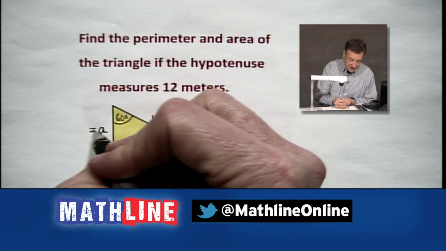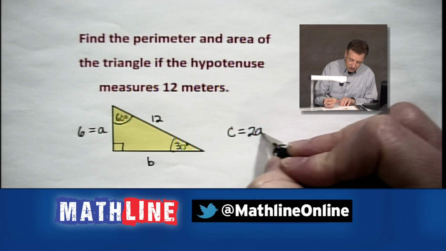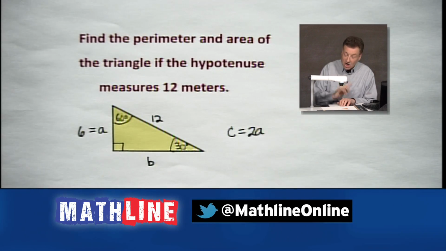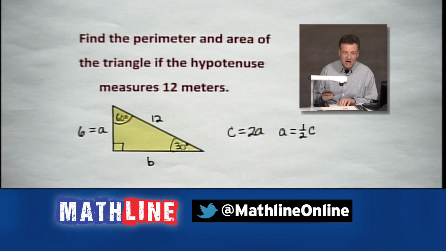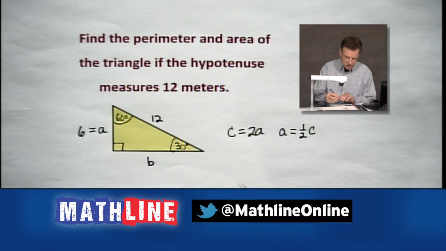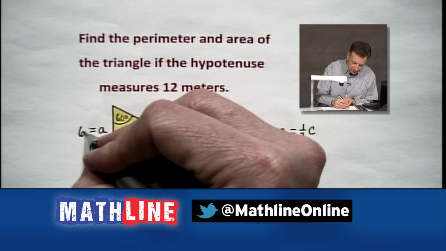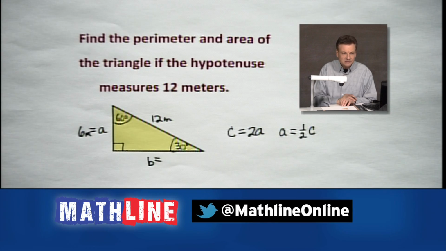That means we're going to have 6. Once again, that comes from the formula C equals 2 times A. Or, if you like, A equals 1/2 of the hypotenuse. So we're 6. These are meters, so we could put M's on them for fun. Now, let's see where we're going.